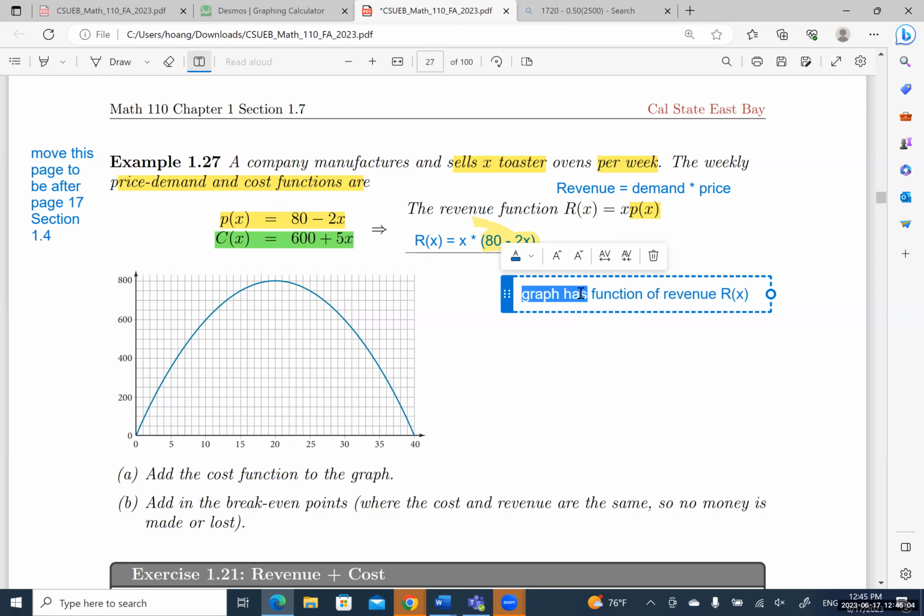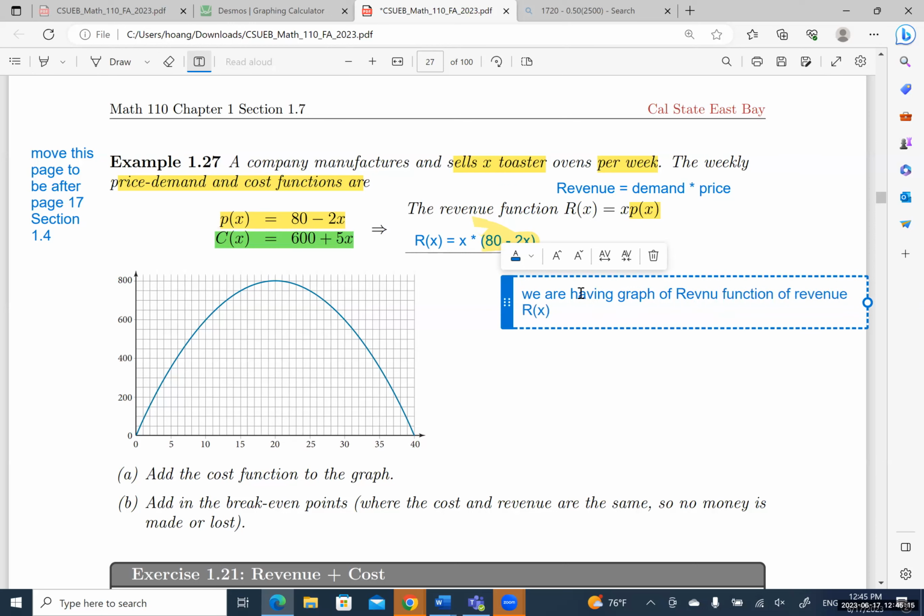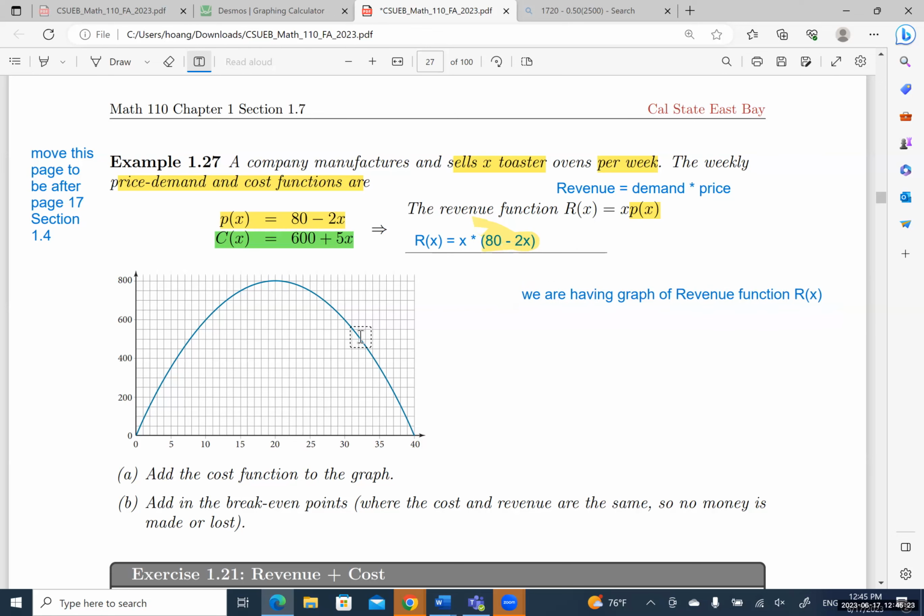Maybe I'm going to say that we are having the graph of a revenue function. Right, so this is the function of x here. Okay, and the blue one.